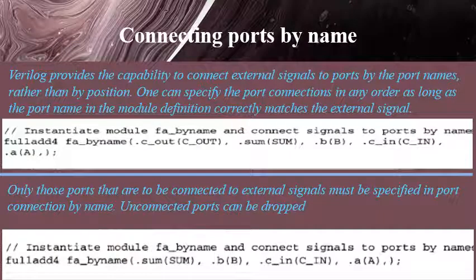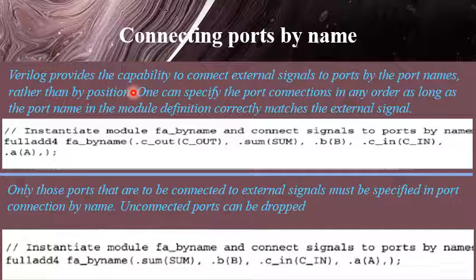The second one is connecting ports by name. So in Verilog, it provides the capability to connect external signals to ports by the port names rather than by position. In case you have many ports, like 50 ports, it is not possible to connect the ports by remembering the order in which they are specified.